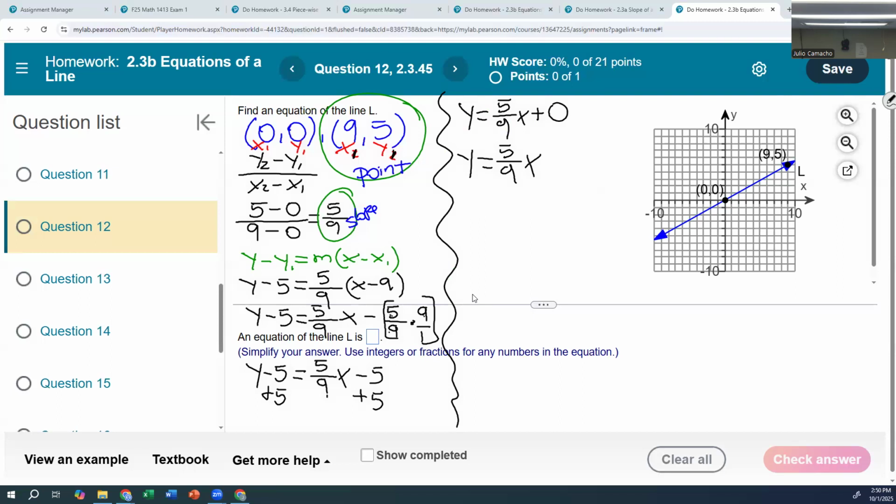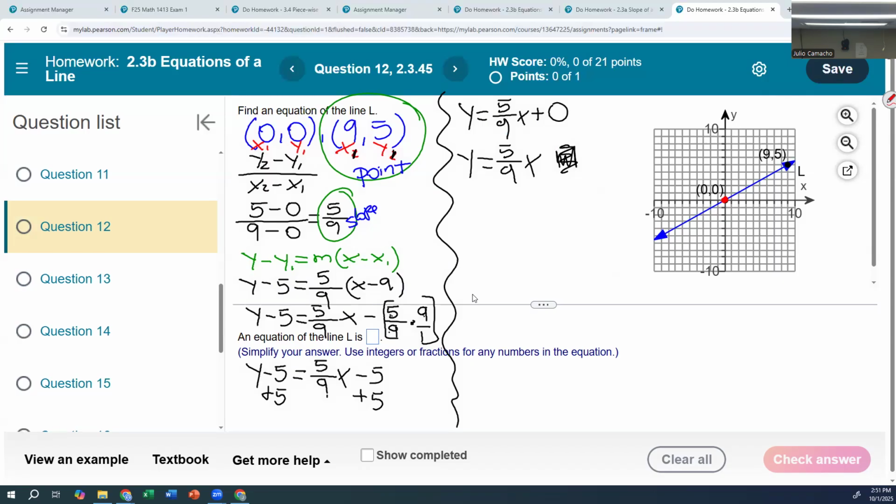And because you don't have a y-intercept here, you can assume that the y-intercept is exactly 0, 0, this point. Because there's no y-intercept, the line is crossing exactly where x and y are 0, 0. And that matches this line.